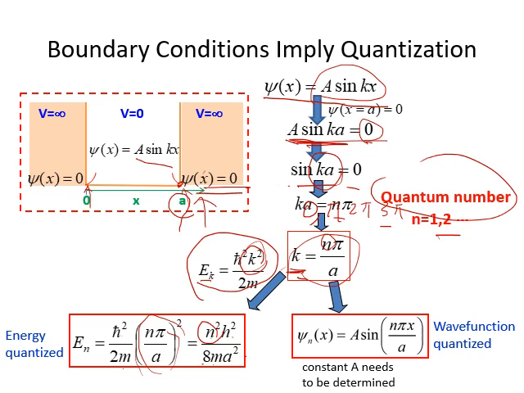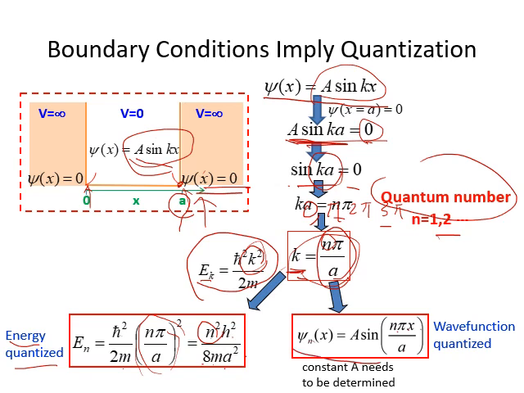That means the energy now is quantized. It can only have certain numbers: 1 h squared, 2 squared h squared, 3 squared h squared. So energy now is quantized. Similarly, the solution a sine kx, okay, k is n pi divided by a, so n pi x over a.